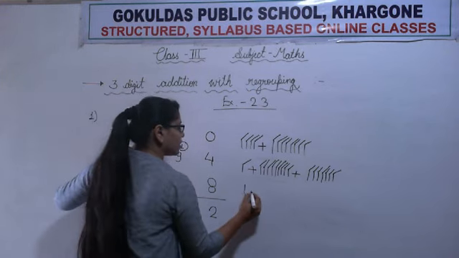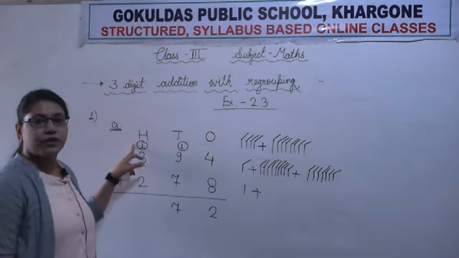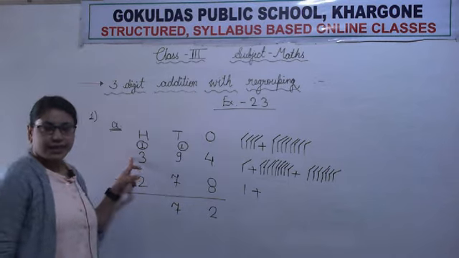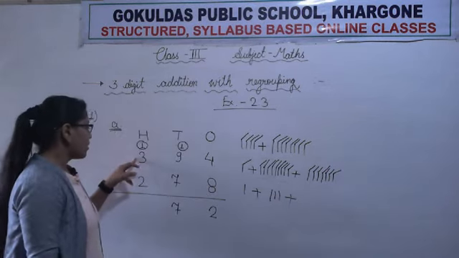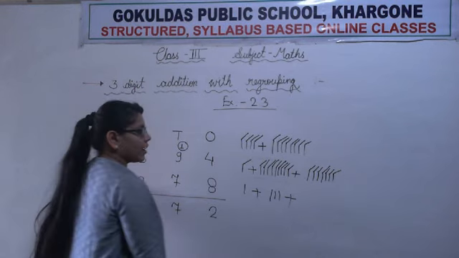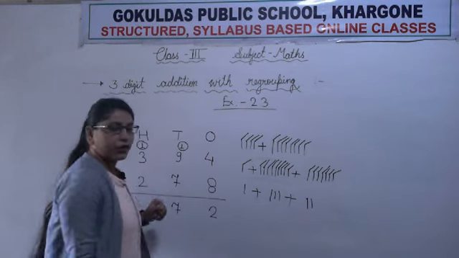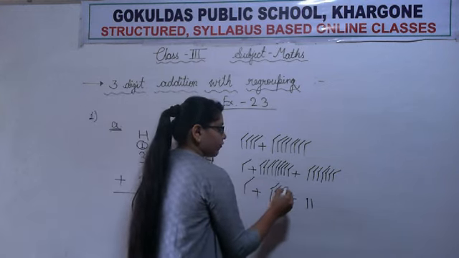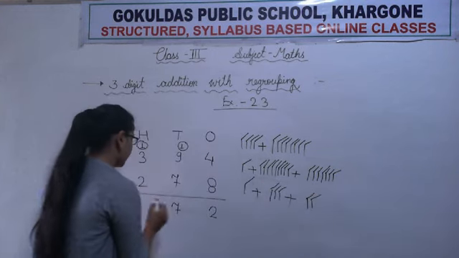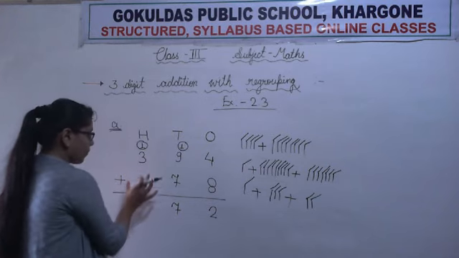First of all, 1 is in the form of carry, so we will draw 1 stick for it. Next number is 3, so we will draw 3 sticks for this, and the last number is 2, so we will draw 2 sticks. Now let's count 1, 2, 3, 4, 5 and 6. So we will write 6 below hundreds.